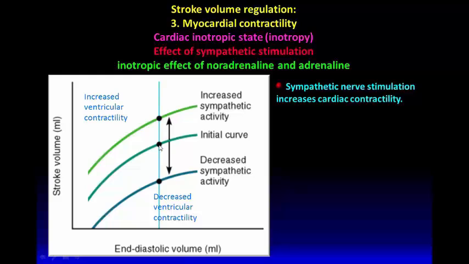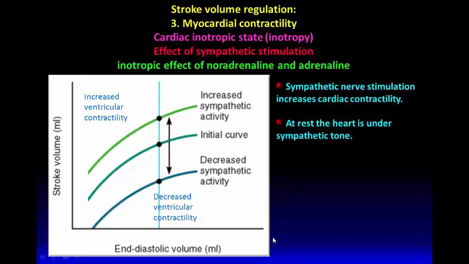So the increase in stroke volume is not the result of the increase of the end diastolic volume. The increase in the stroke volume is the result of the increase in myocardial contractility as a result of sympathetic stimulation.